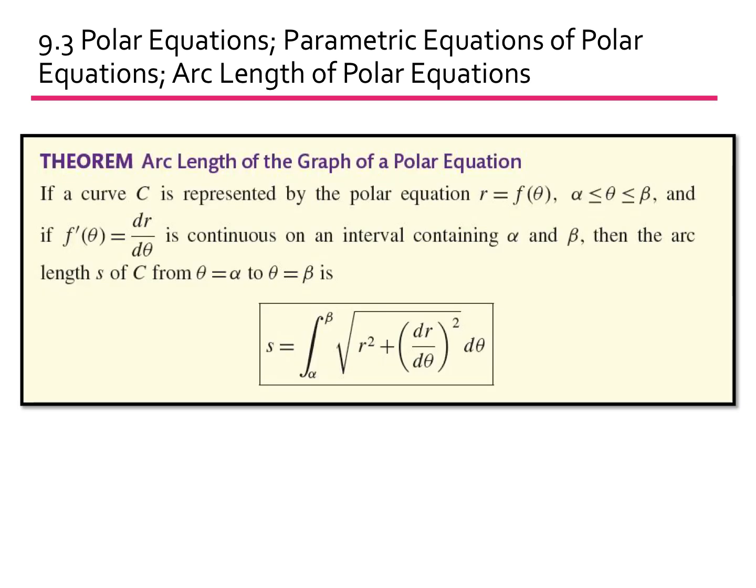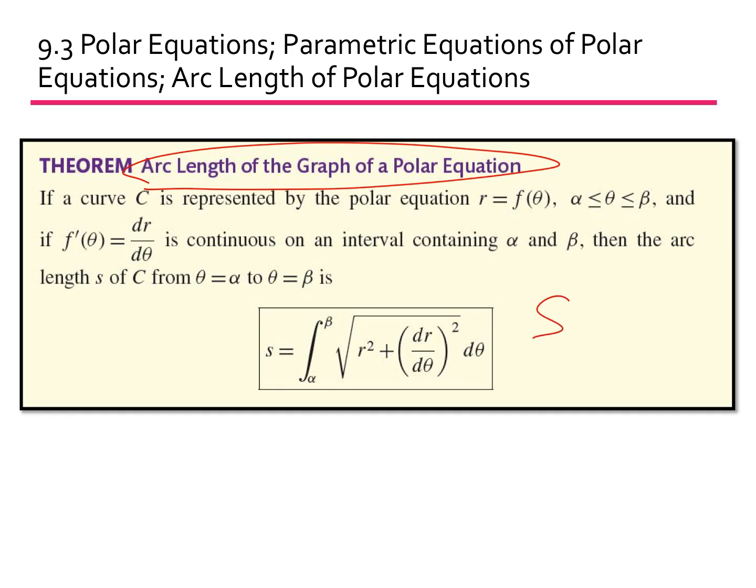All right, arc length of the polar. Make sure you're still with me here because they love the arc length. You're going to take a derivative, you're going to take an integral, and you're going to do the arc length. That's just going to be common. When we had the arc length before, sometimes we had 1 plus our derivative squared.